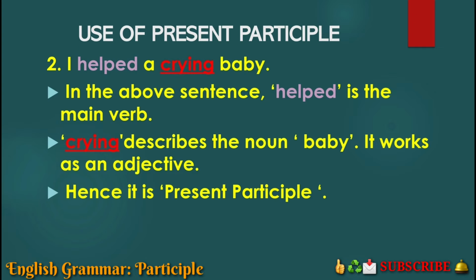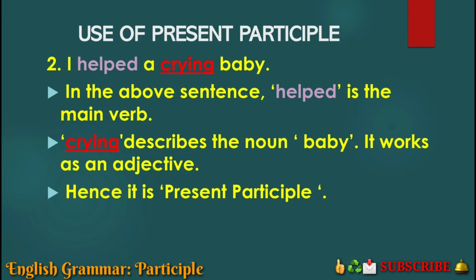I helped a crying baby. Students, in the above sentence, again we see there are two verbs, helped and crying. But helped works here as the main verb and crying describes a noun, that is baby.